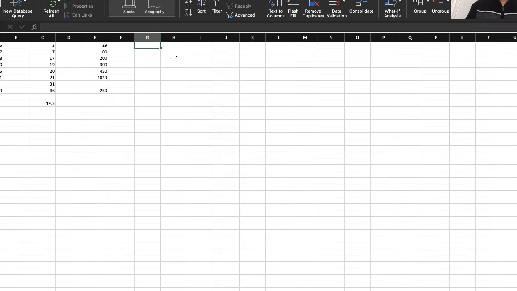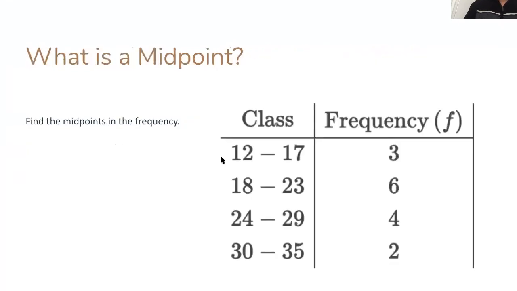Someone said you take the lower limit and the upper limit and divide by 2. They said take the lower limit, add that to the upper limit, and then divide by 2, which would be correct.